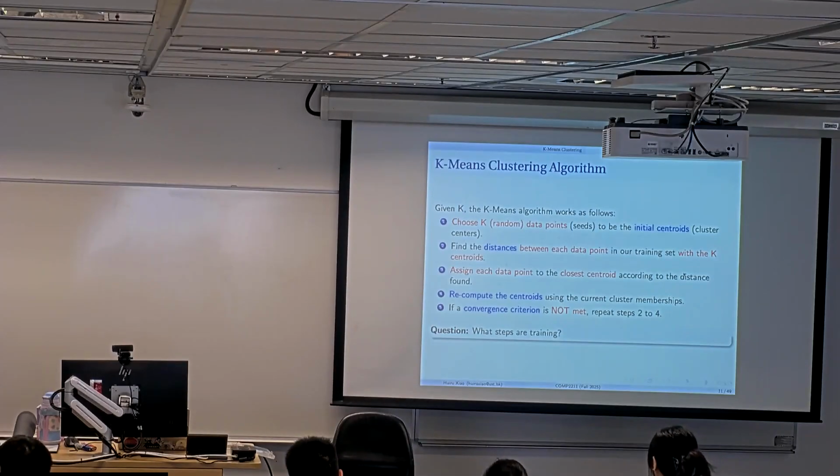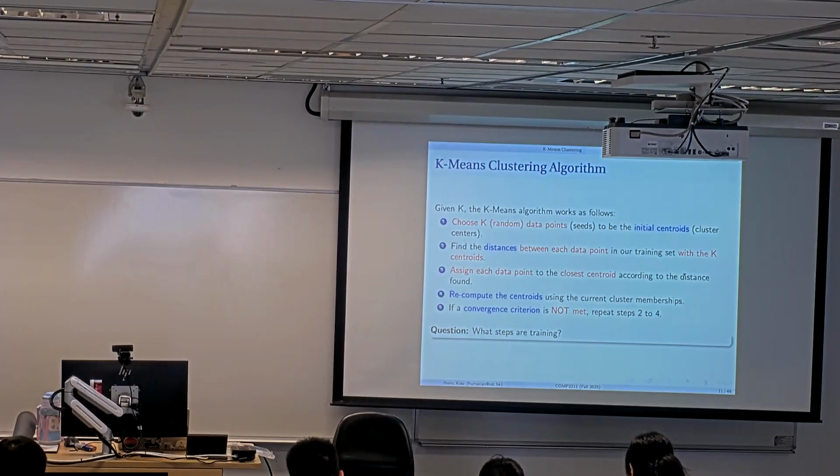Then go to step 3. After you have all the distances, what should you do? You need to do the clustering. Clustering is assigning each data point to the closest centroid according to the distances you have computed. This is step 3.